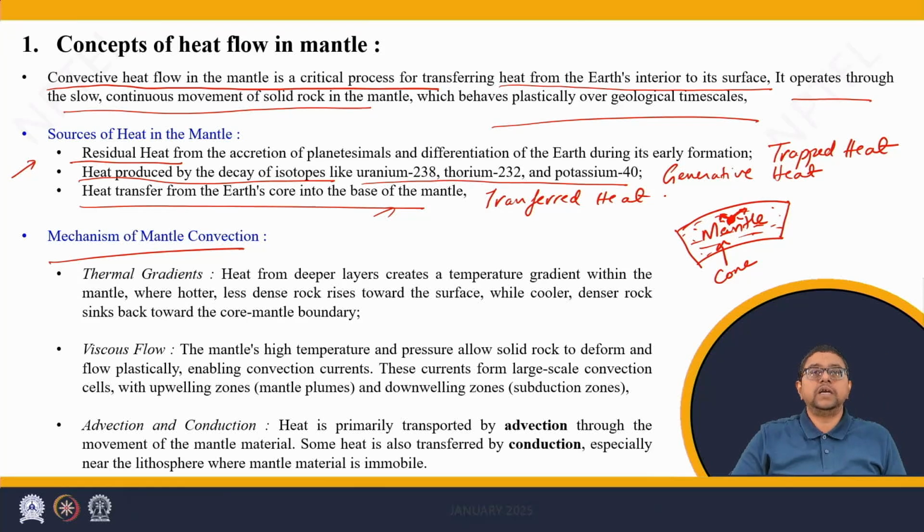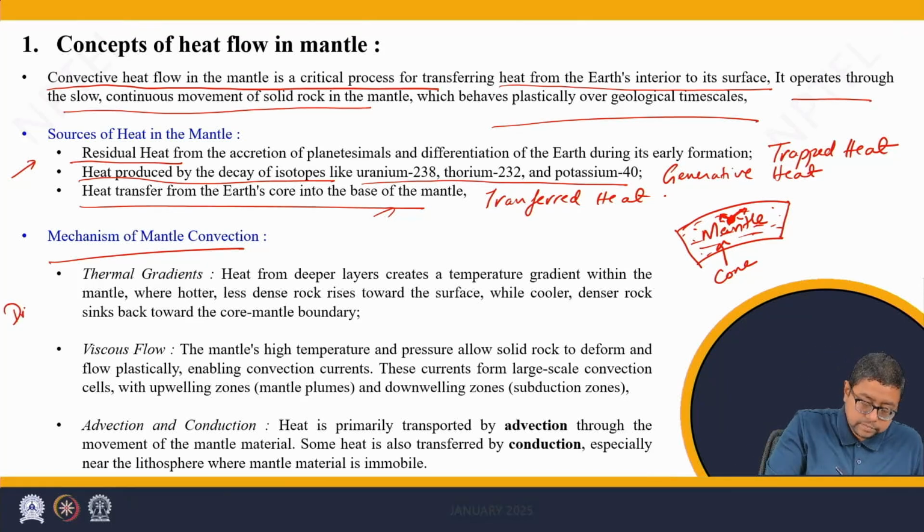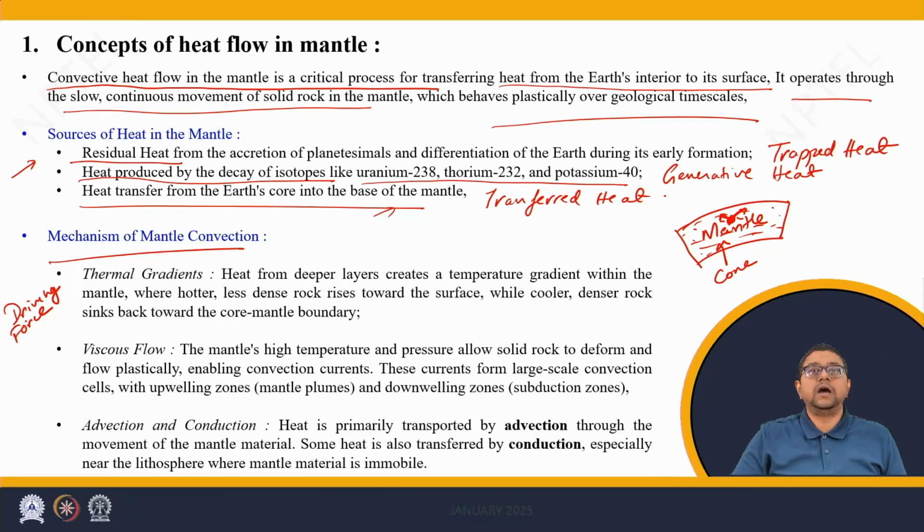Mantle convection is driven by thermal gradients. The thermal gradients occur due to the difference of temperature from deeper layers in the mantle to shallower layers of the mantle where the temperature is lower.